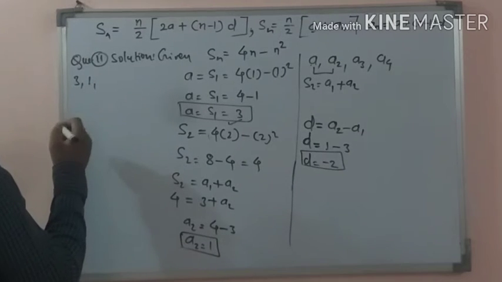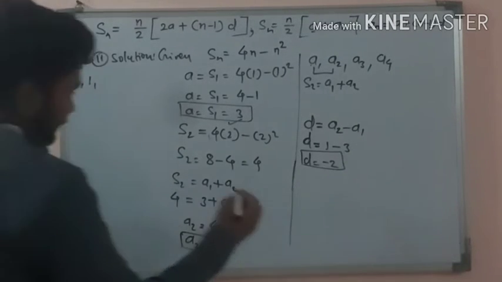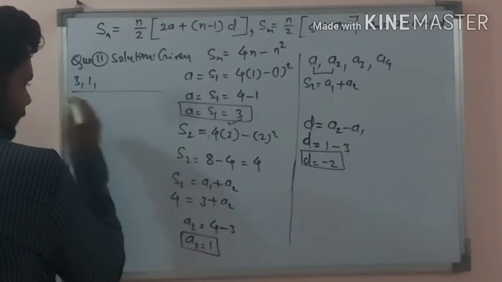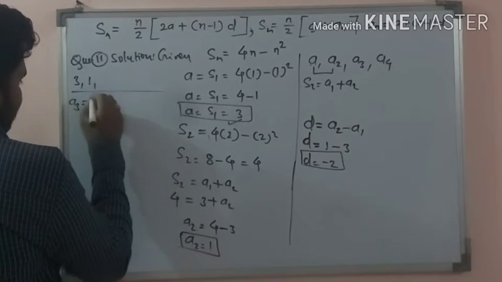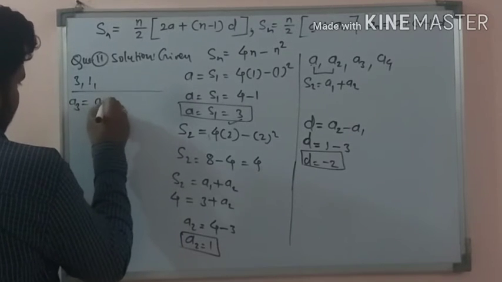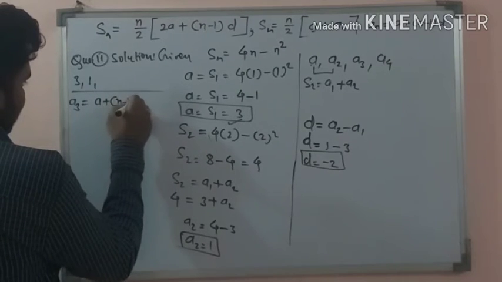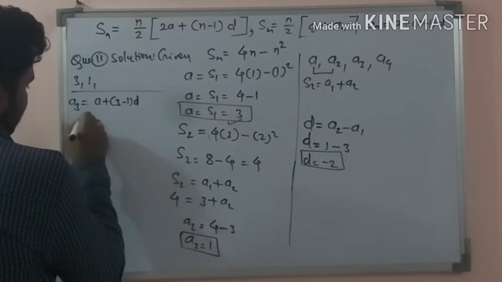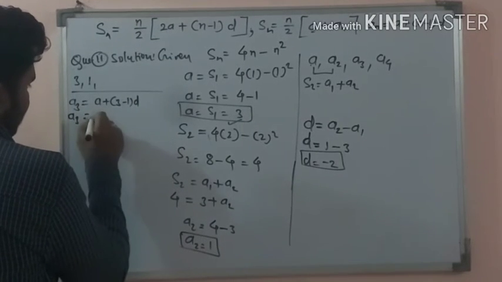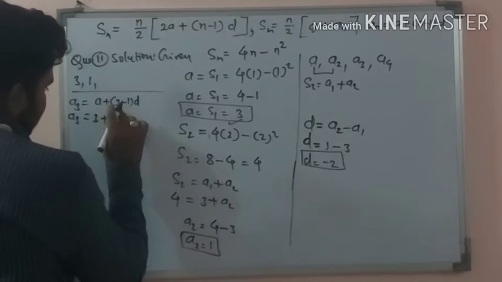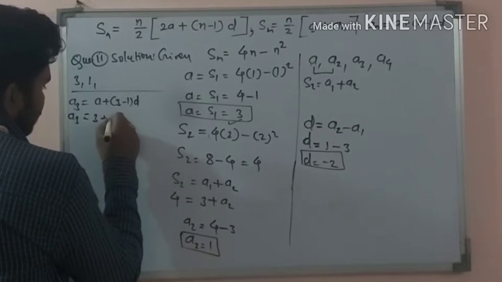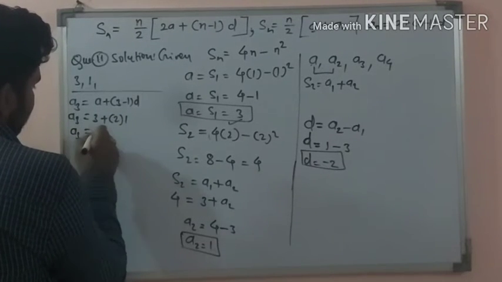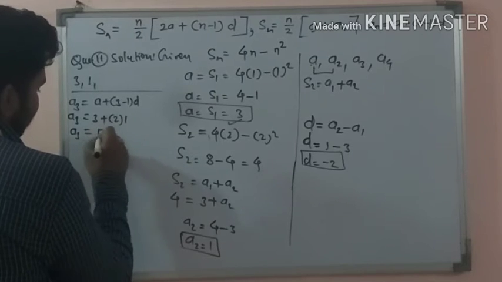So we can directly write it here. The third term is given by A3 is equal to A plus n minus 1 times D, where n is 3, since this is the third term. So A3 is 3 plus 3 minus 1, that is 2, and D is 1.